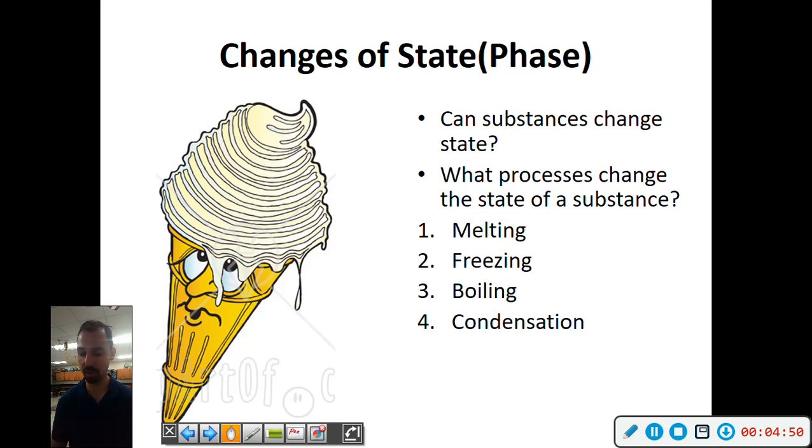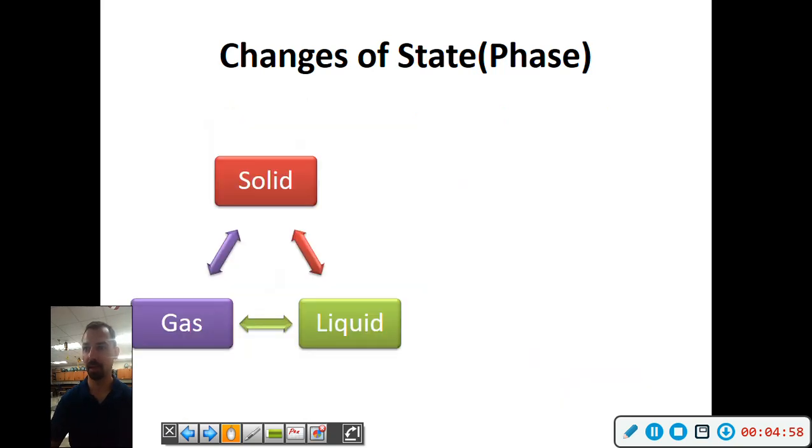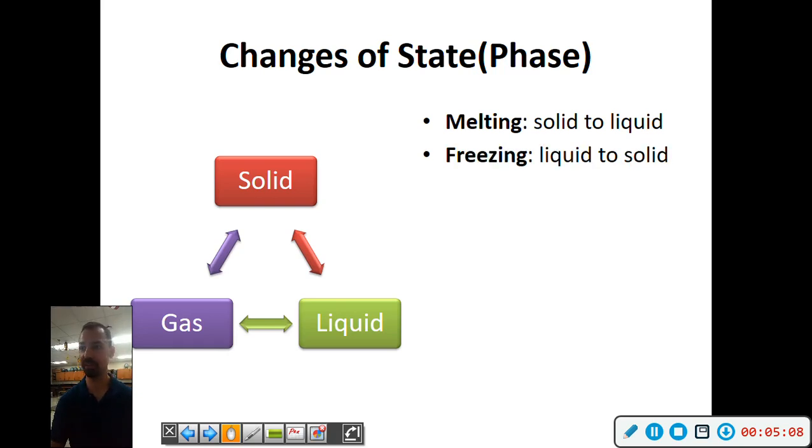Again, you're removing the heat from the object and cooling it down, going from a gas back to a liquid. You must know the phase changes I just stated. Melting is a solid changing into a liquid. Freezing is a liquid back into a solid.